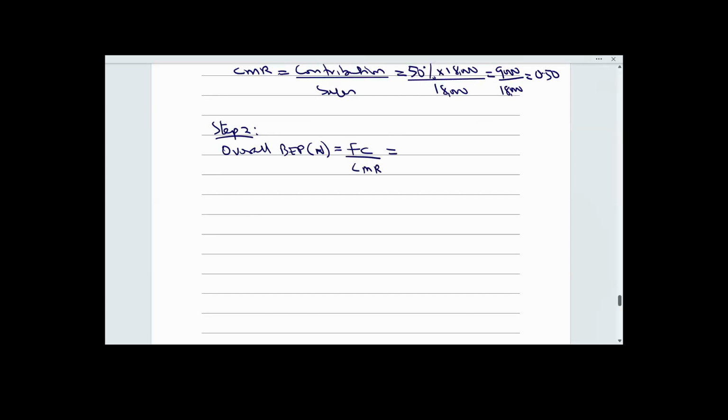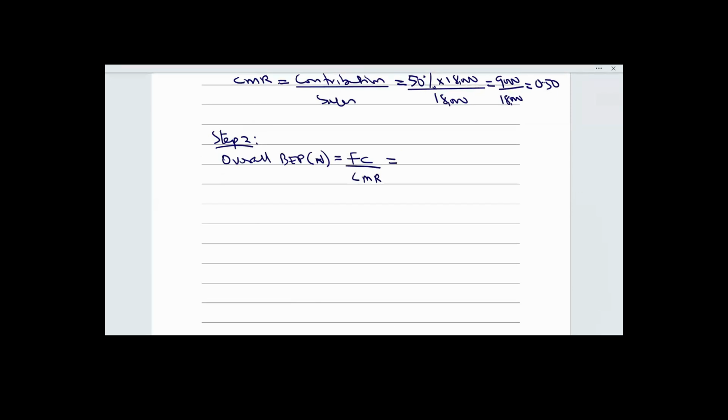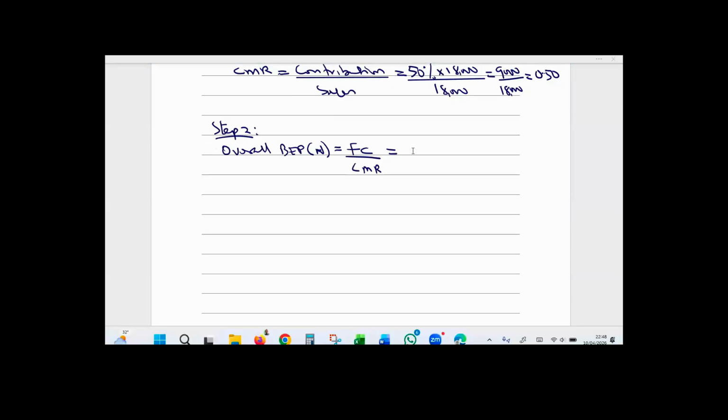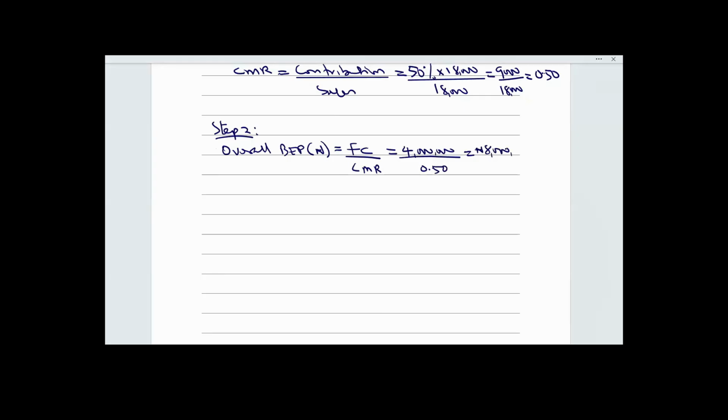According to the question, fixed cost is 4 million naira. So here will be 4 million divided by the overall contribution margin of 50%. This will give us 8 million naira.